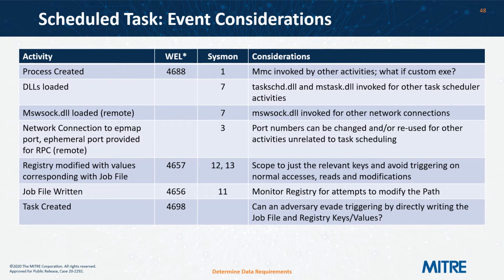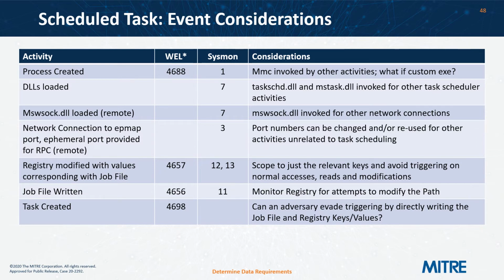If we collect image load events and filter to those loading mswsock.dll, how will we filter out what is likely to be many other such events unrelated to remote task scheduling?